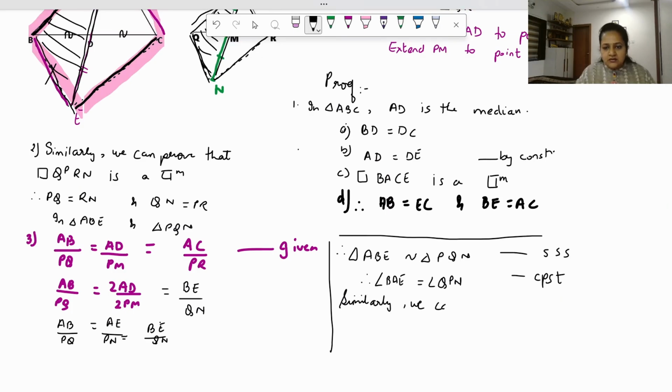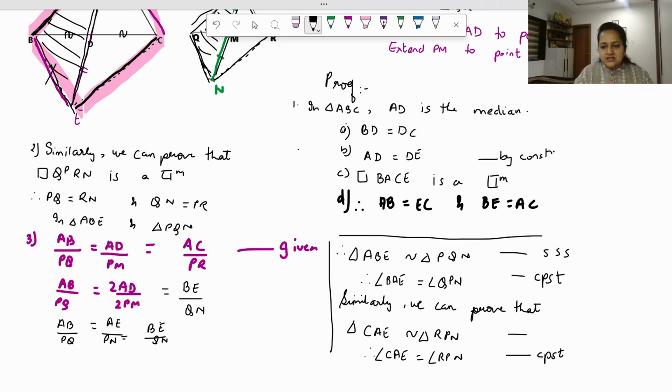Similarly, we can prove that triangle CAE is similar to triangle RPN, and therefore children, we'll get angle CAE is equal to angle RPN by corresponding parts of similar triangles, and this is by SSS test, right?